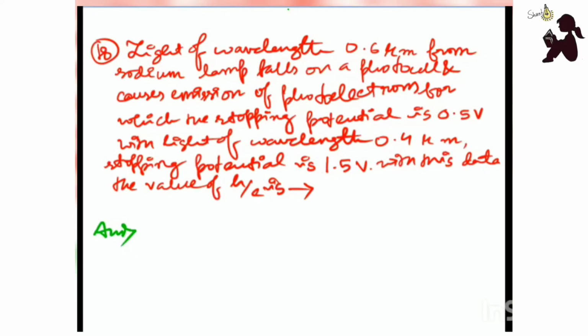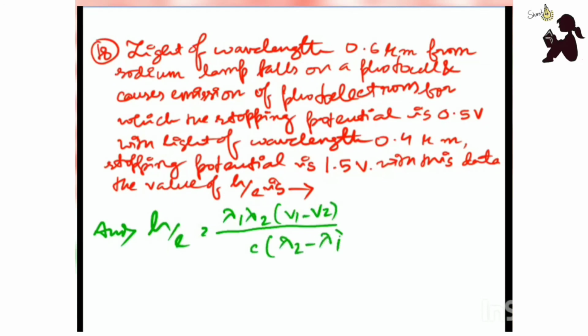With this data, that will be the value of h by e. We also have a formula for h by e. If 2 wavelengths and 2 potentials are given, then h by e equals lambda 1 into lambda 2 into V1 minus V2 by C into lambda 2 minus lambda 1. If we put the values here, C we all know is 3 into 10 to the power 8, and all the values are given.